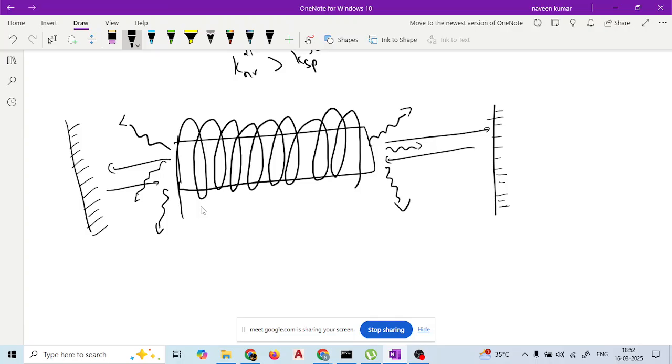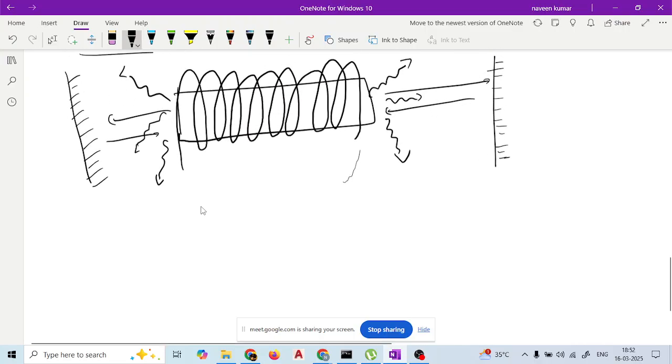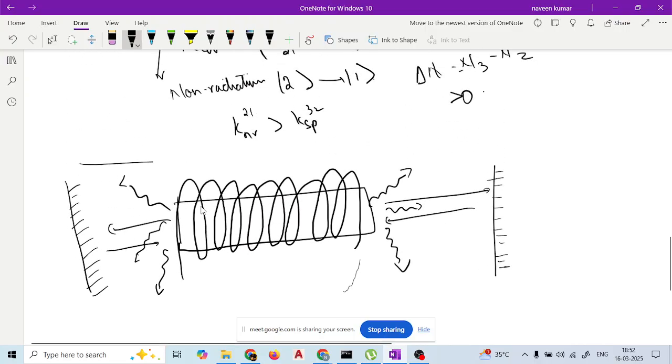So the whole length, ultimately, we try to cover the Beer-Lambert's law.